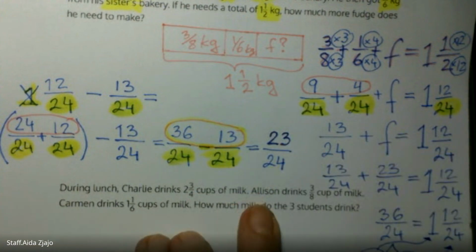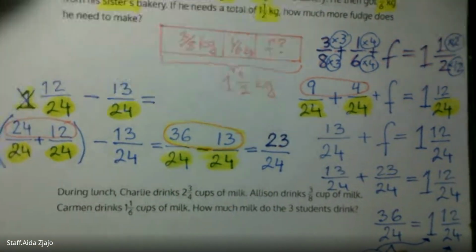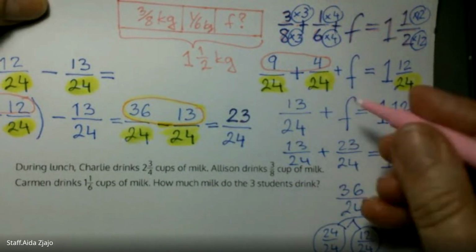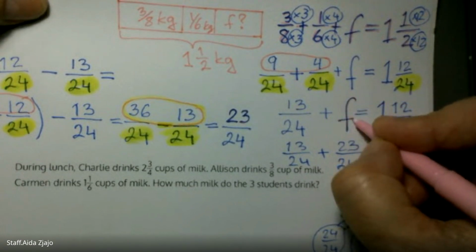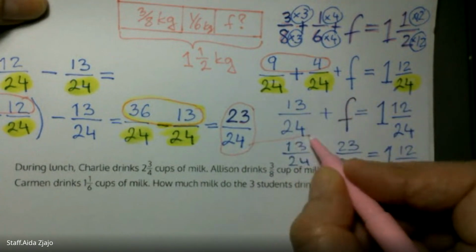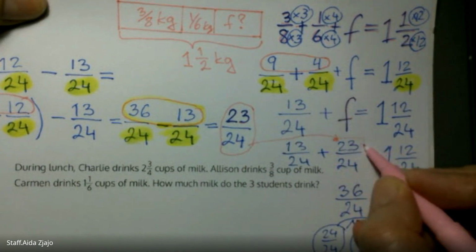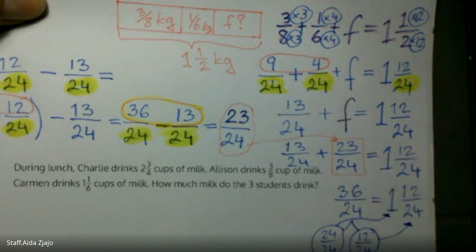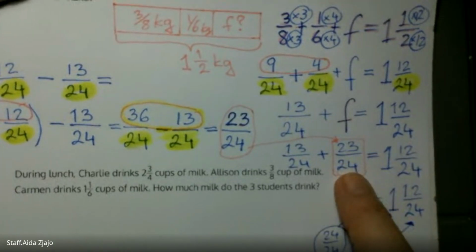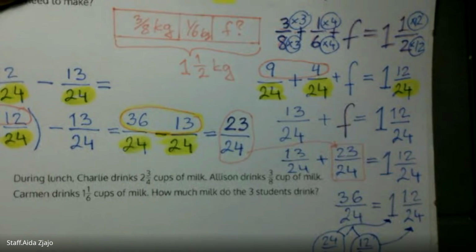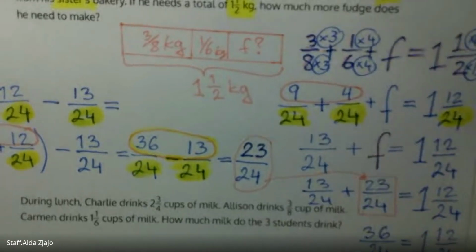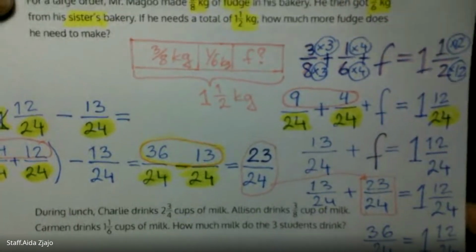Now we have proved our answer that F is 23/24. That was the missing number, the change unknown.